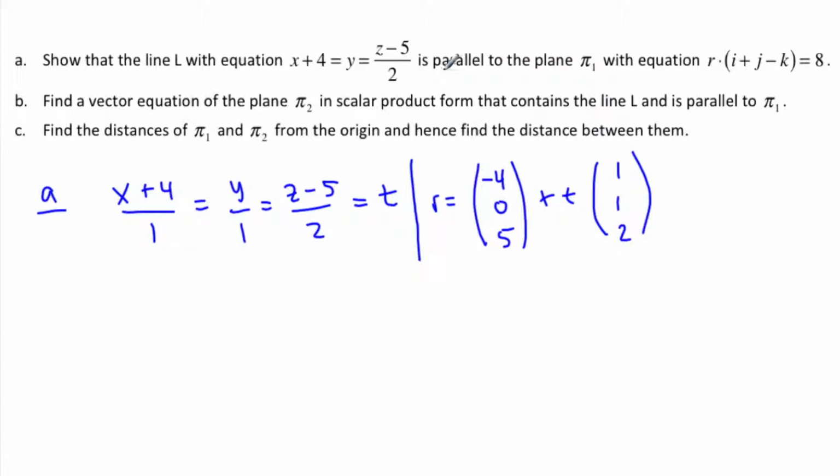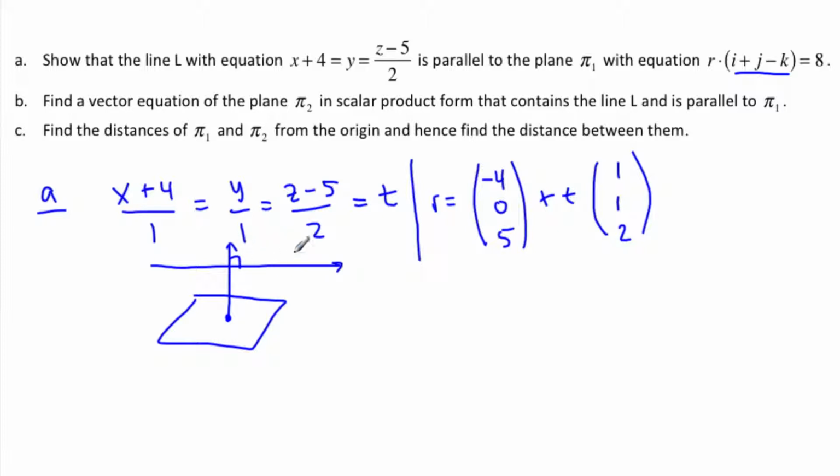So it says show that the line is parallel to this plane. In order for a line to be parallel to a plane, let's think about that. We've got a plane. In order for a line to be parallel to it, the vector normal to the plane, which is this vector right here, must be perpendicular to the direction of the line.